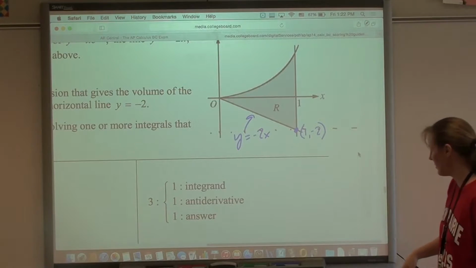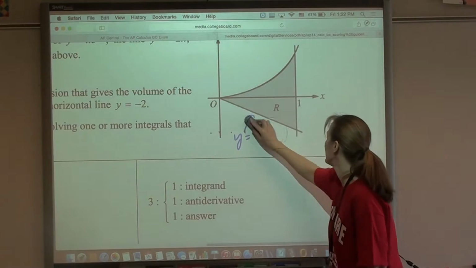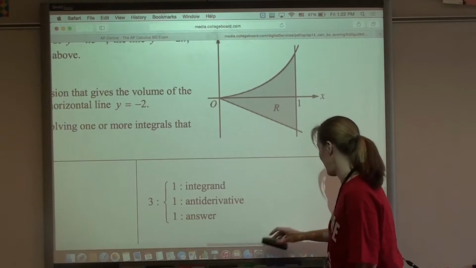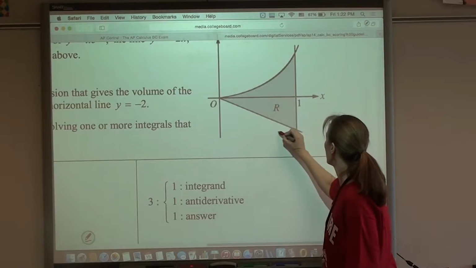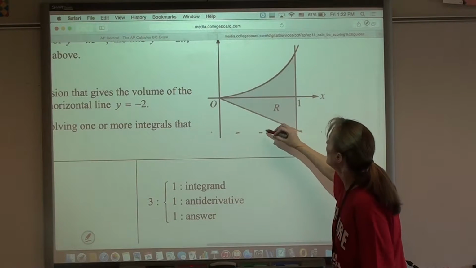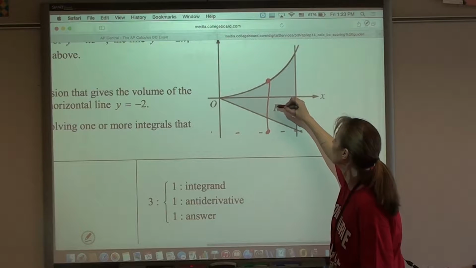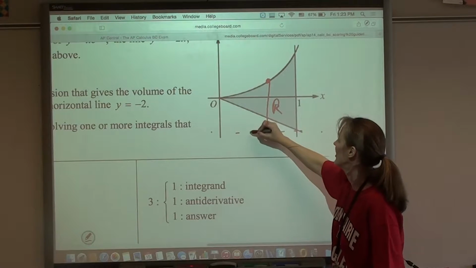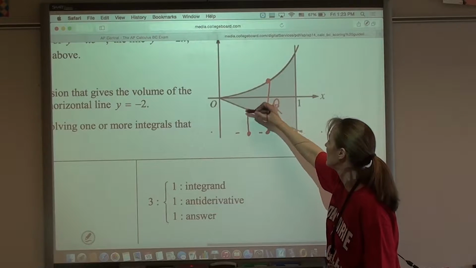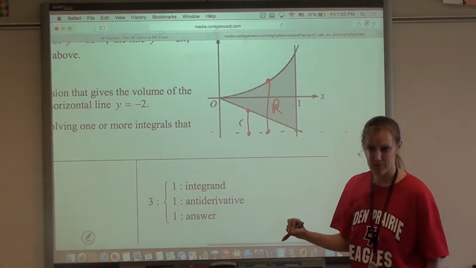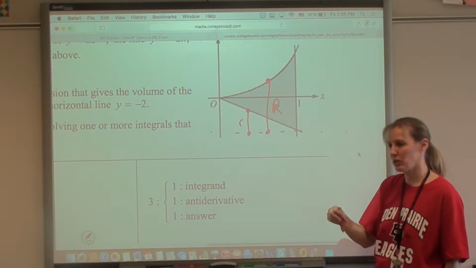In case you've forgotten washer, you go from your axis to your farther away function, and that's big R, and you go from your axis to your nearer function, and that's little r. We have big R squared minus little r squared.